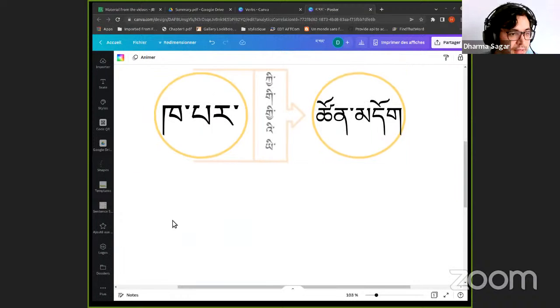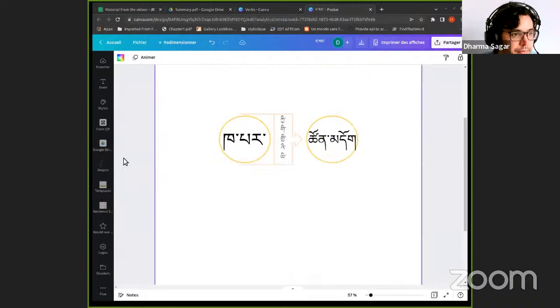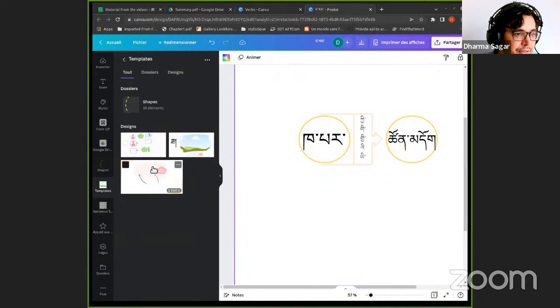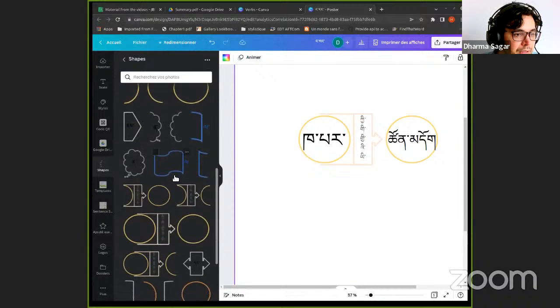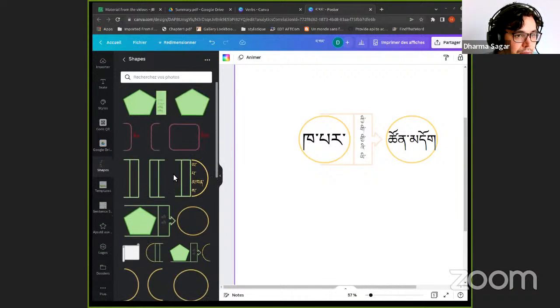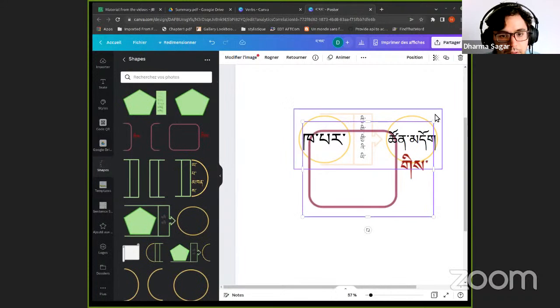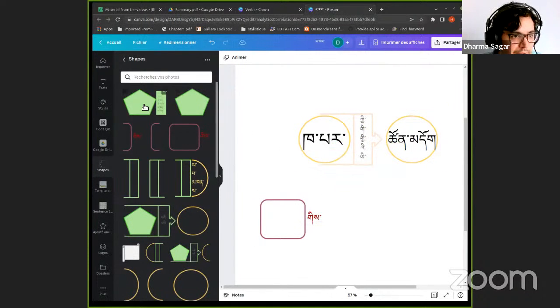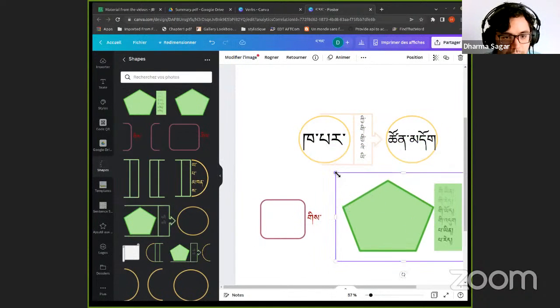And now let's do something similar with Ki with the Sa, so that you can see the difference. Where is it? Oh, maybe not that one, but that one.